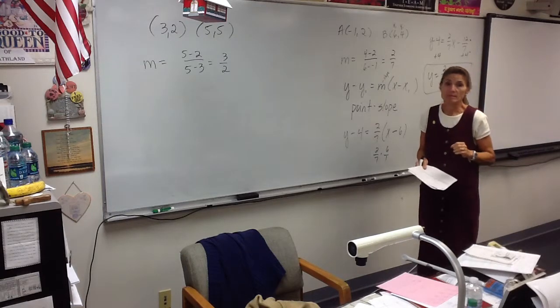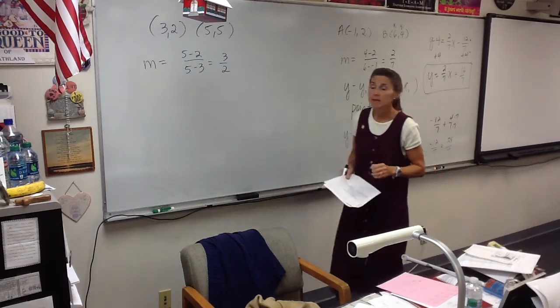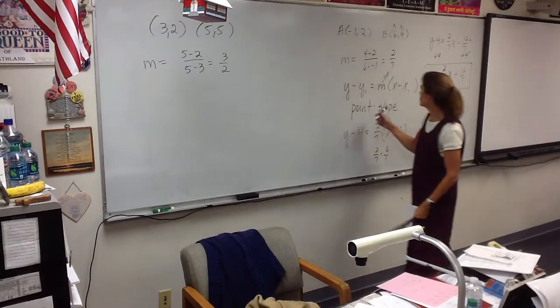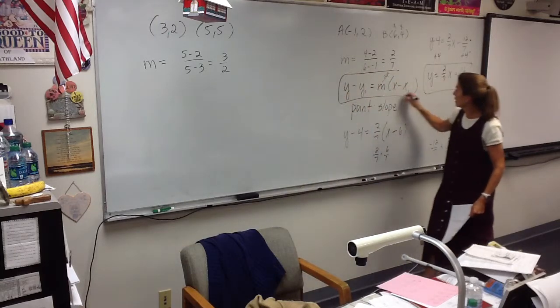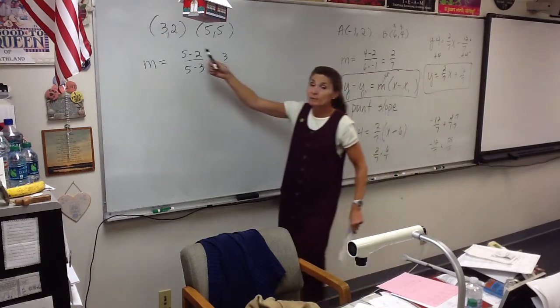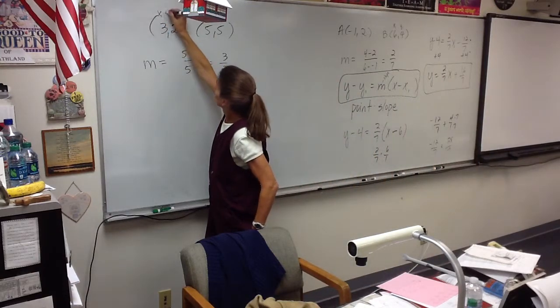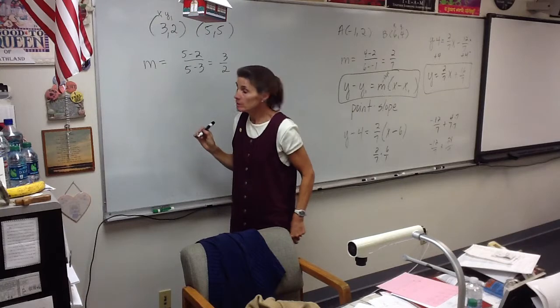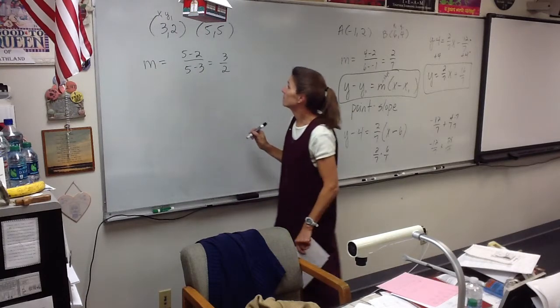Now I pick a point. Doesn't matter which one, but one of my points is going to be x1, y1. I use this one. Doesn't matter which one I use? No, but I'm going to use this one.